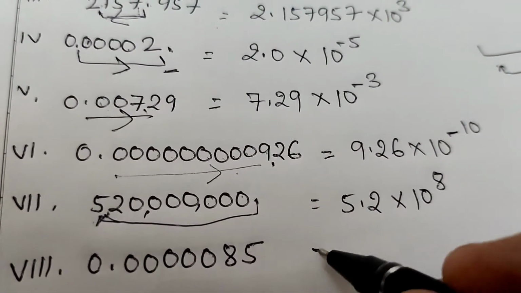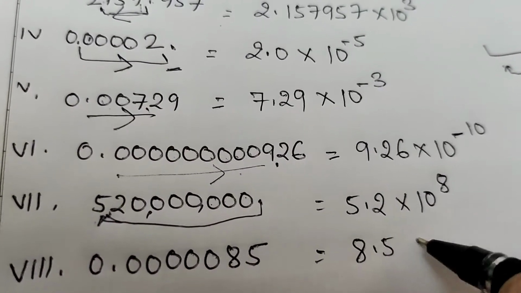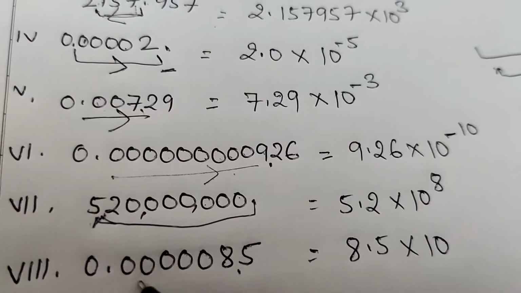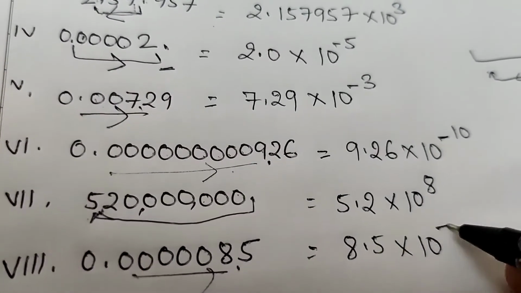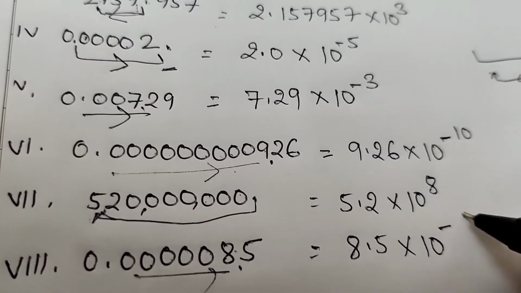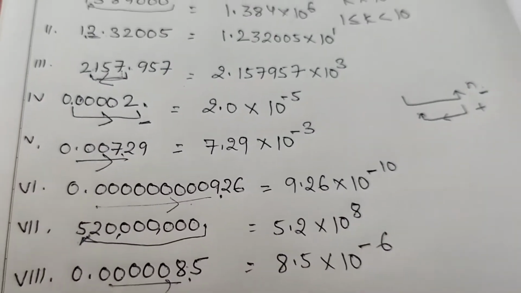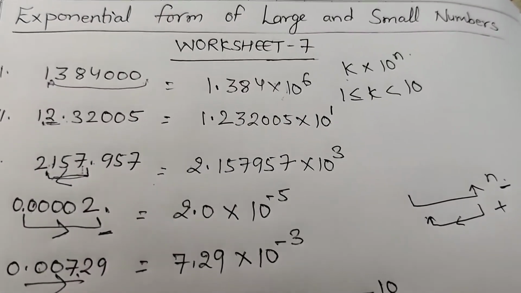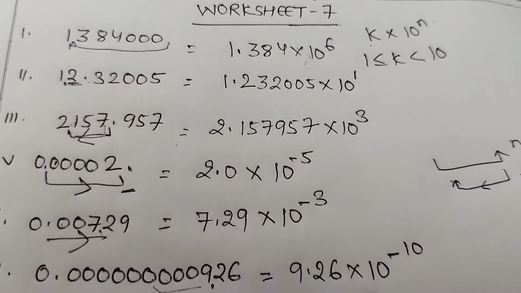In this question, we can write 8.5 and 10. How many places does the decimal move? It comes to this side, minus, and places 1, 2, 3, 4, 5, 6. This is the rule of writing large and small numbers in the form of exponential.